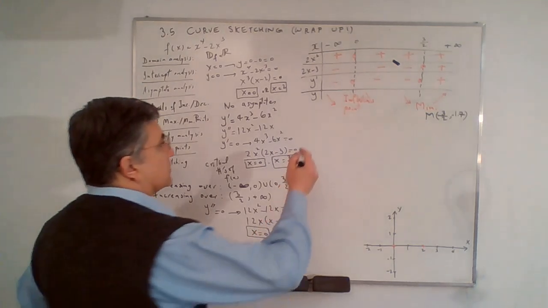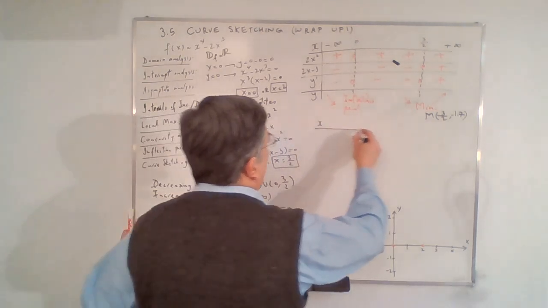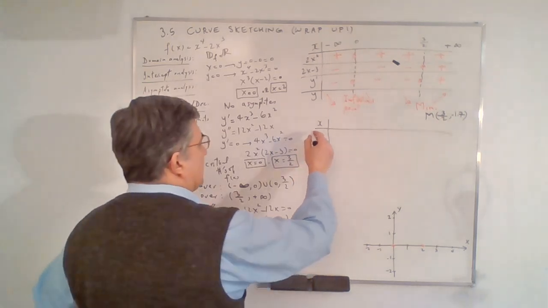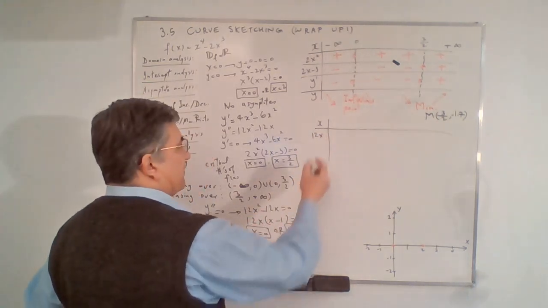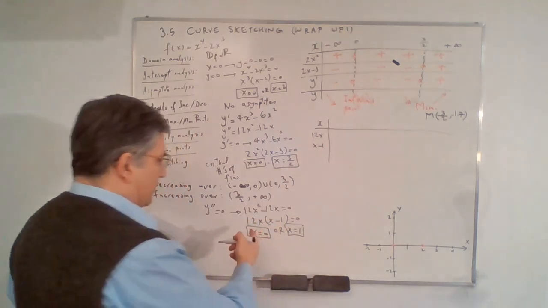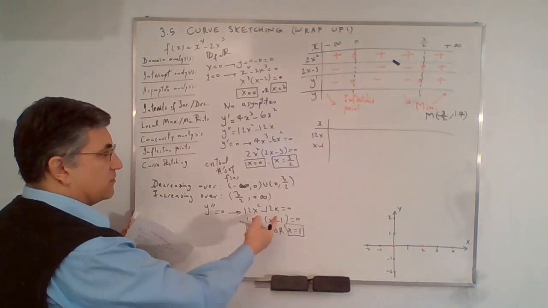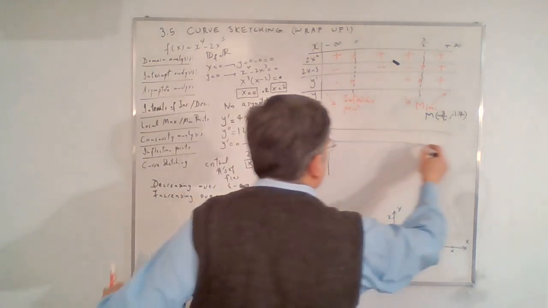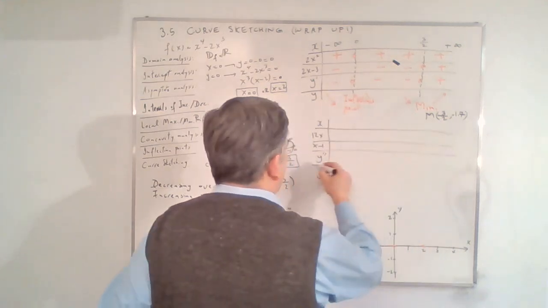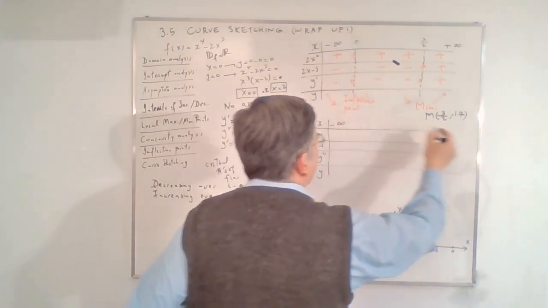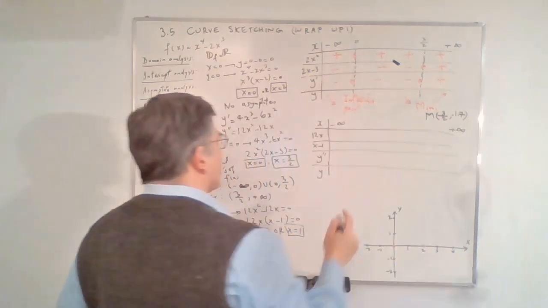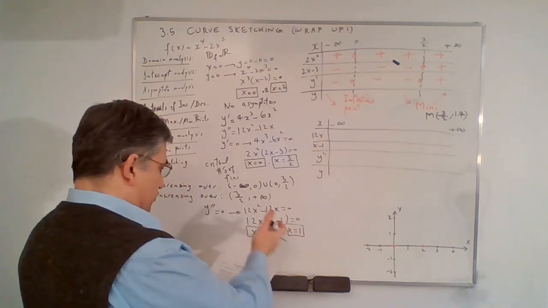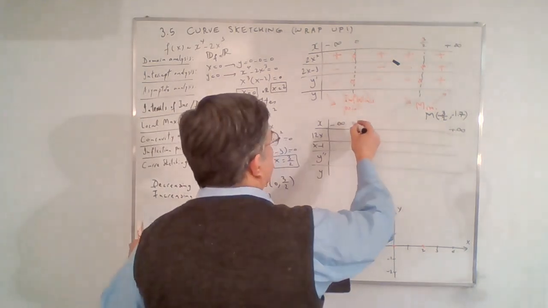So to do this, we are going to quickly construct another chart. This time I go 12x. These are the factors of the y double prime equals 0 equation. And let's set it up quickly. Negative infinity, positive infinity. So what are we going to include here? We're going to include for sure 0 and 1. So I have 0.